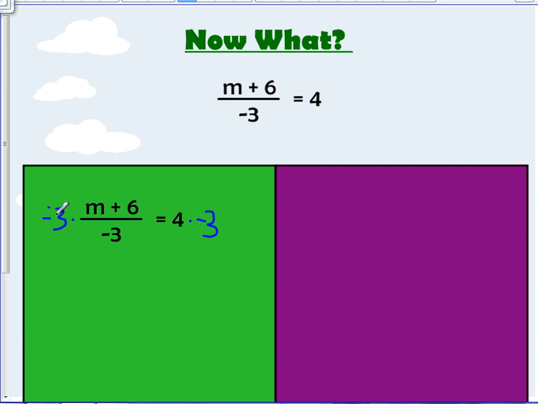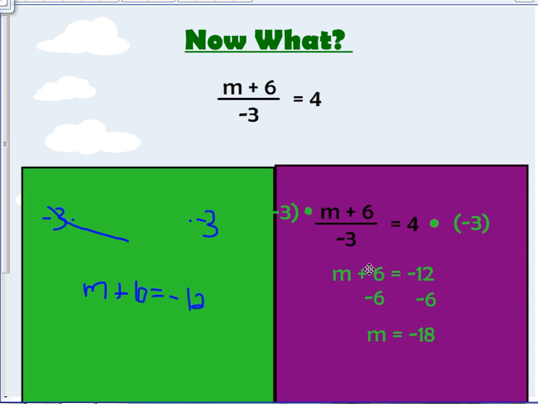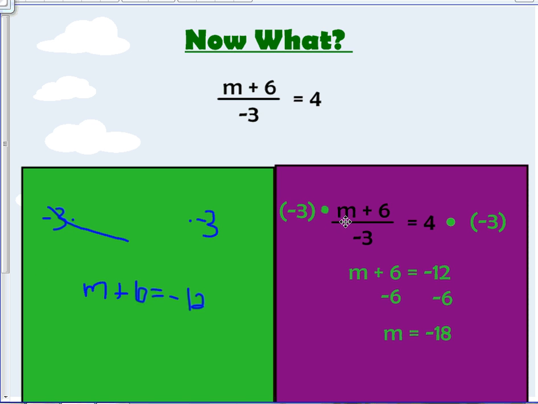Those two will go away, and we're left with m plus 6 equals negative 12. Now, since the equation is, as I like to call it, flat, it's much easier to solve. So in this case, I can check my answer. I did the first step correctly, and then I would subtract 6, negative 12 minus 6 is negative 18.